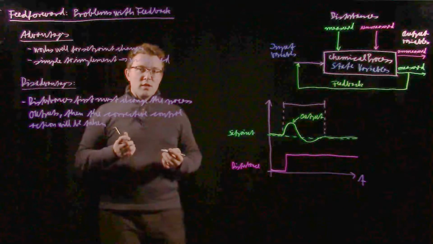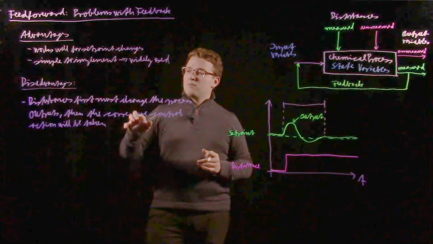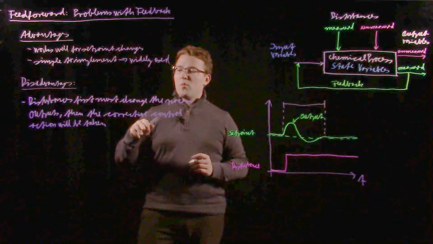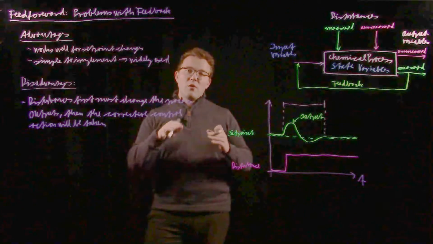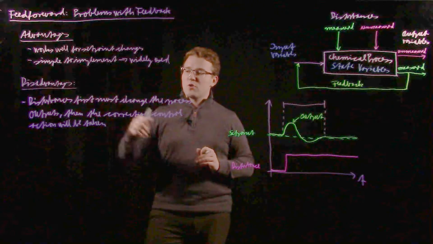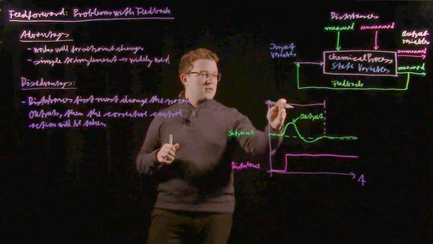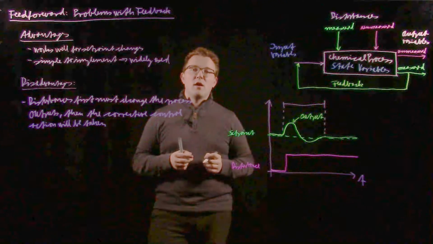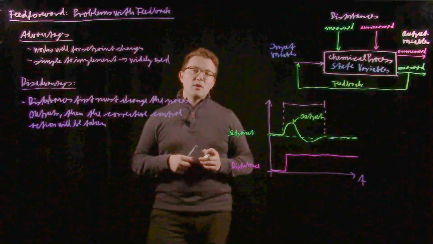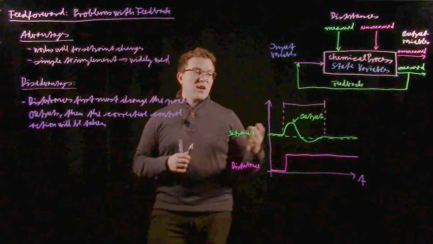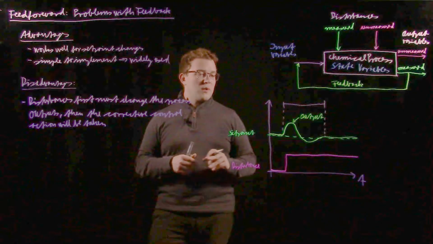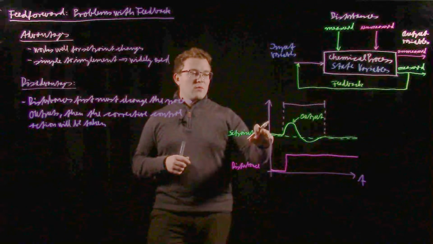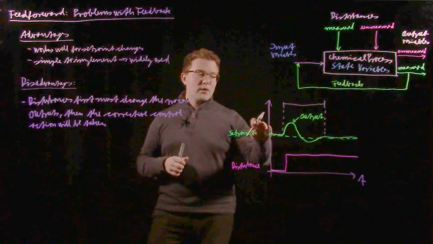The disadvantage here is that in the time between the changed process output and the moment we correct in our control system for this disturbance, in the meantime, so in this time frame, our system might be in a suboptimal position, and maybe it's also a dangerous place. So you could imagine that if this is, for example, a temperature scale here, that maybe the system has some kind of critical value.